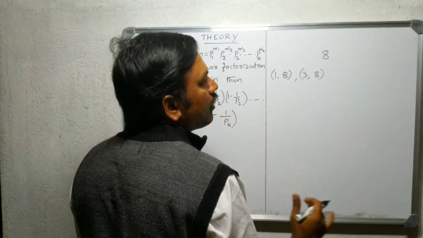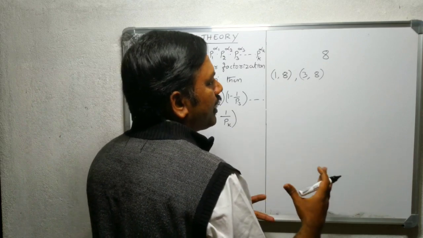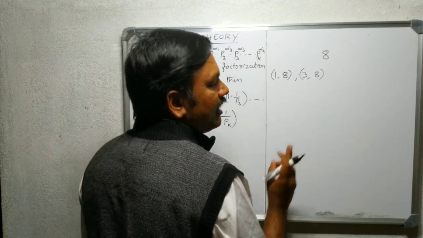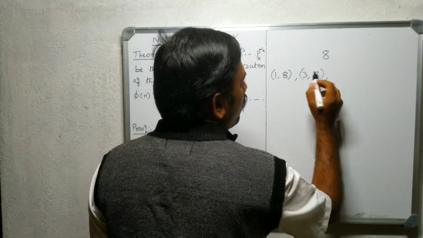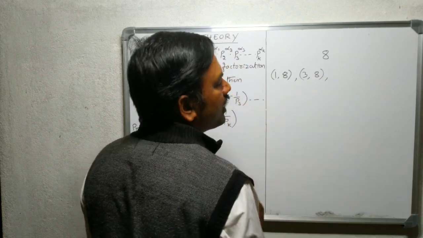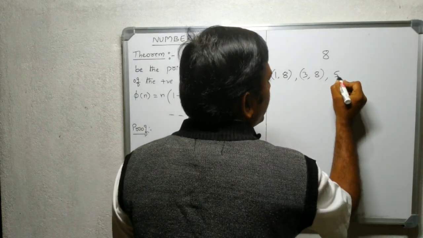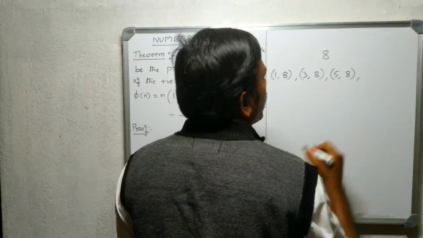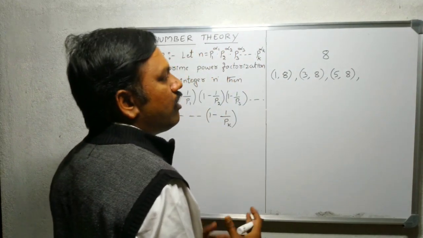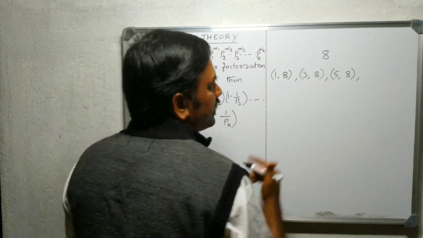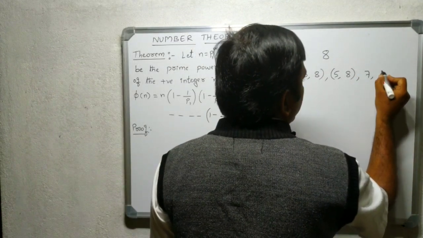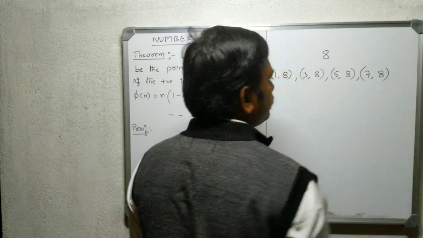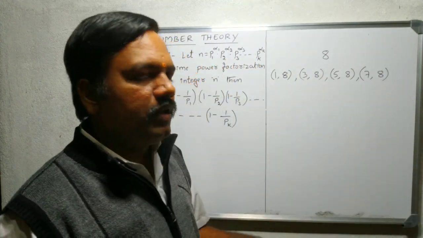Except 1, nothing else commonly divides 3 and 8. Hence 3 and 8 are relatively prime. Next, 4 and 8 are not relatively prime. Next, 5 and 8 are relatively prime. 6 and 8 are not relatively prime because 6 and 8 are commonly divided by 2. Next, 7 and 8 are relatively prime.